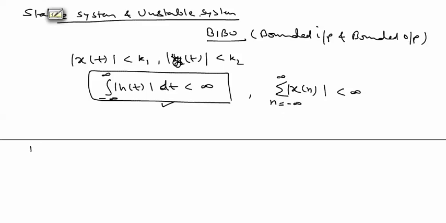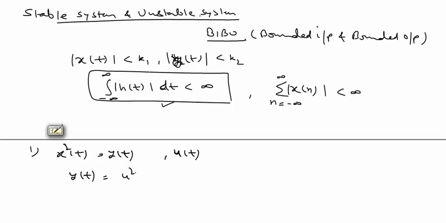First example I took: y(t) equals x squared t. We want to check whether it is stable or not. We apply a bounded input u(t) on it. Then the result will be u squared t, which is again u(t), in the same range.